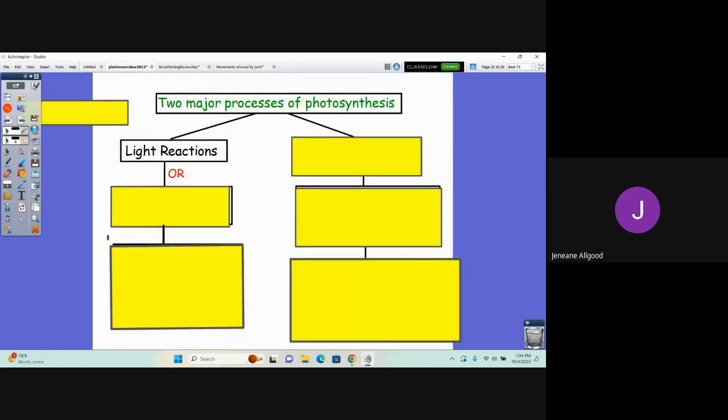So two major processes or parts of photosynthesis. You've got the light reactions and the light independent reactions.